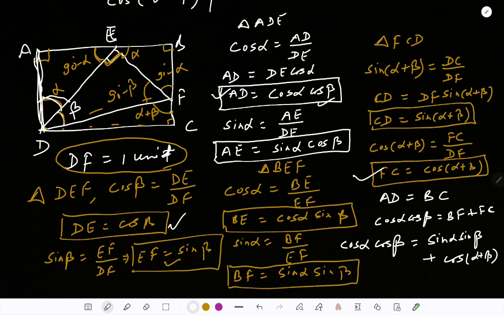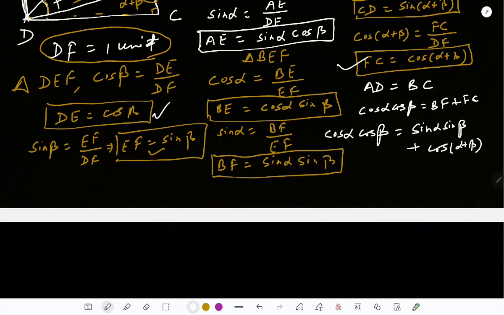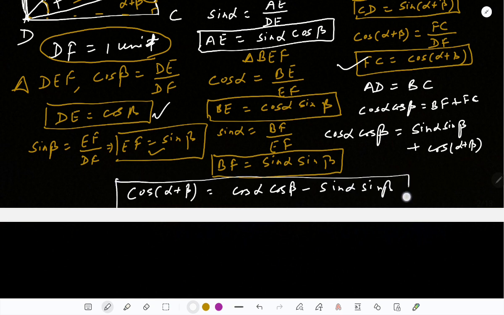That means we have cos alpha plus beta equals cos alpha cos beta minus sine alpha sine beta, and this is one particular and very important result.